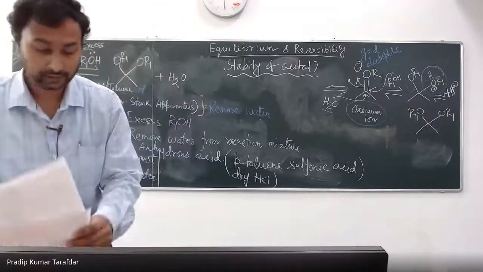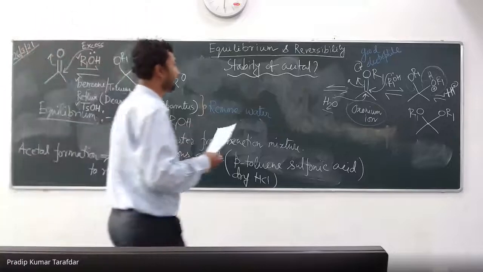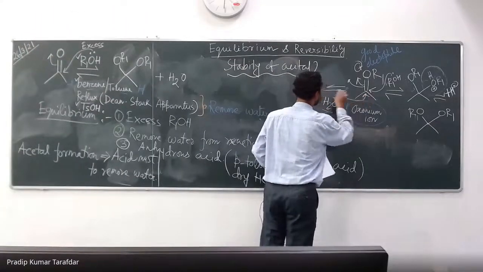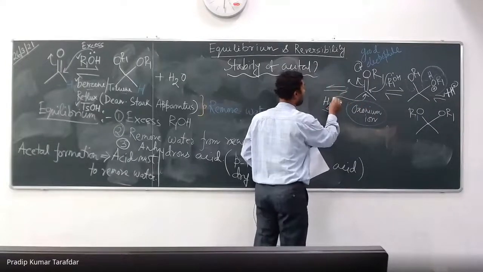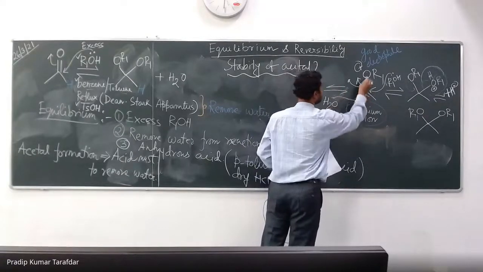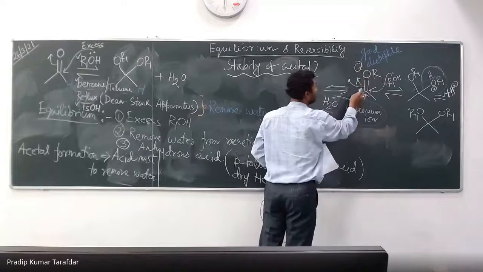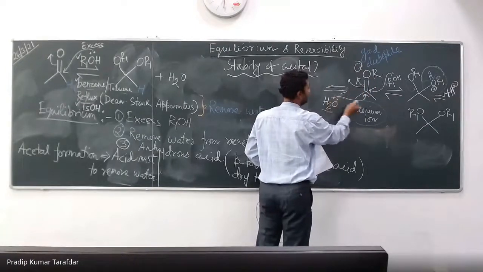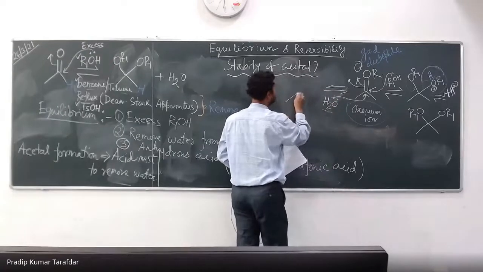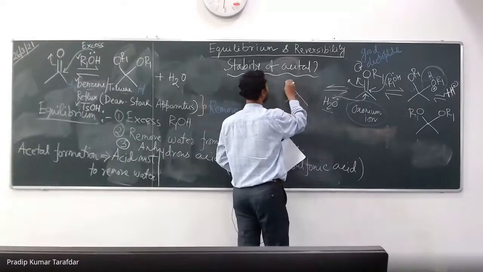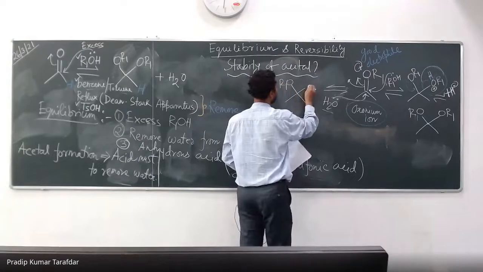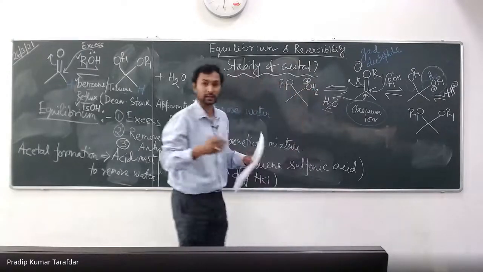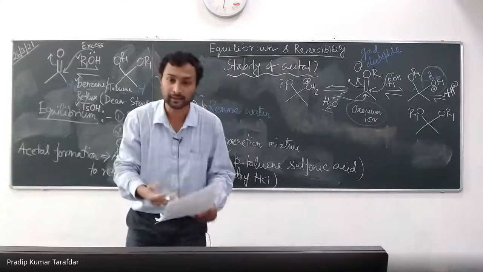Because in the backward reaction you need water also, because this is the step. In the forward reaction there was minus water. So in the backward reaction, this is a good electrophile and water is a good nucleophile, so water will attack. So what should I get? I should get this OR1 and OH2 plus. Same step. This is the principle of microscopic reversibility.